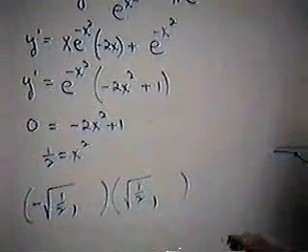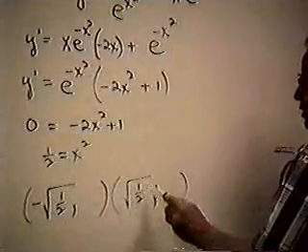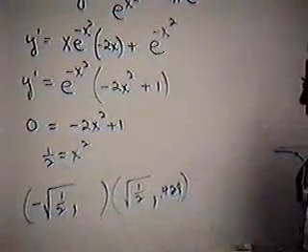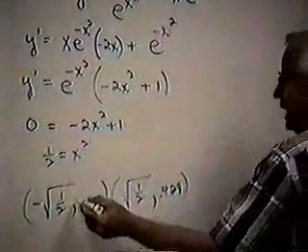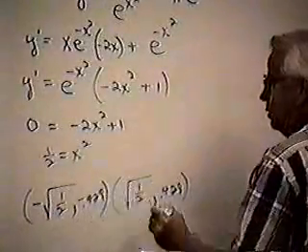All right? Now plugging in the square root of 1/2 in the original equation, your y value will be 0.429 approximately. And your minus will be the same answer, so it'll be minus 0.429.